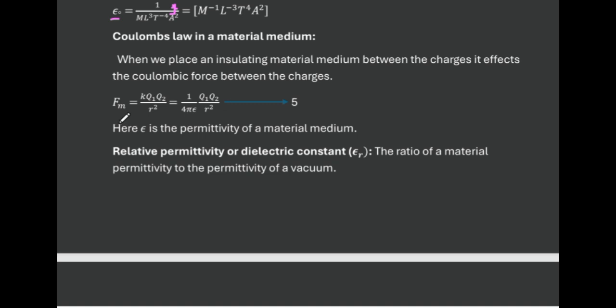The electric force in a material medium is equal to K Q1 Q2 divided by R square, which is equal to 1 divided by 4 pi epsilon times Q1 Q2 divided by R square. This is Coulomb's law in a material medium.